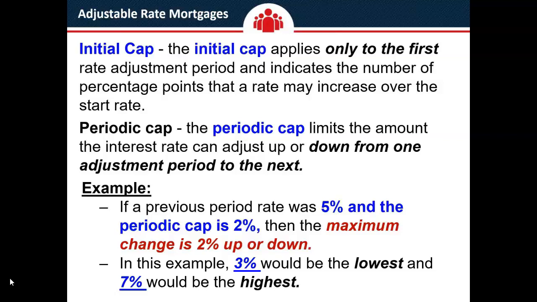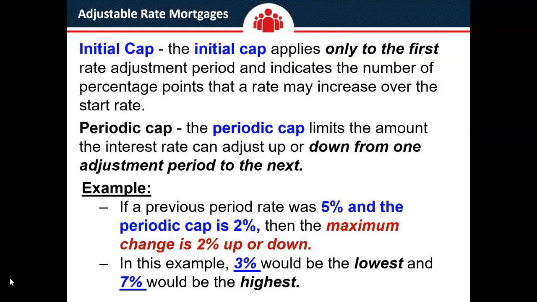But what's the highest that it can go? If you're starting at 5, what's the highest it can go from that start rate of 5 if the periodic cap is capped out after it increases by 2%? The highest it can go is 7. Think about it. You have a start rate of 5% with a 2% periodic cap, meaning it can go up or down, but no more than 2%.